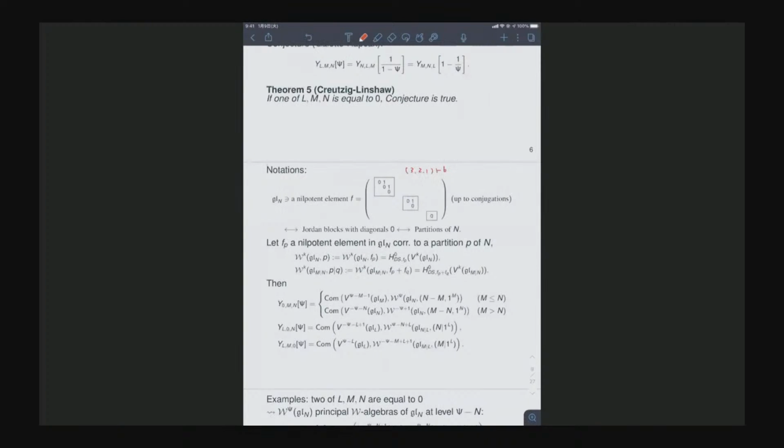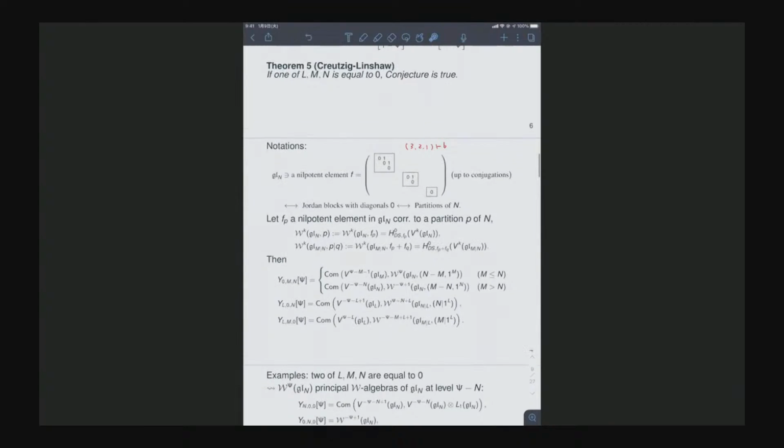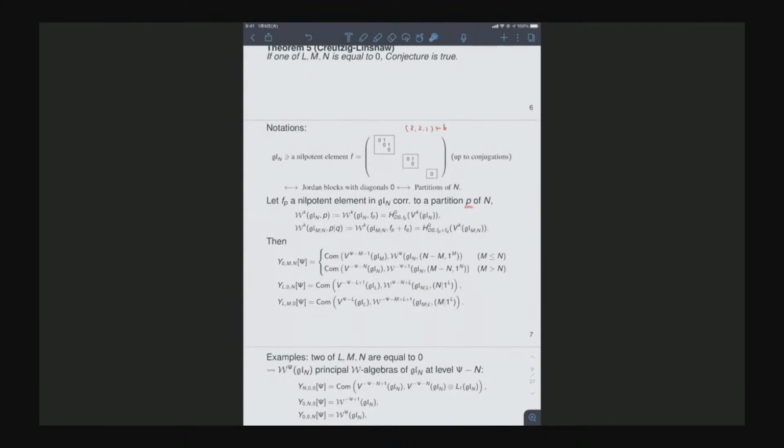So nilpotent elements can be classified by partitions of N. If we take P as a partition of N, then we denote the corresponding nilpotent element by F_P. And we define the W algebra of GL_N and P as the W algebra of GL_N and F_P. This is defined by the quantum Hamiltonian reduction of affine GL_N associated to F_P.